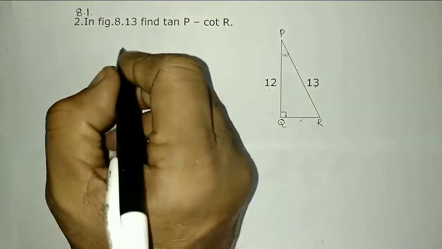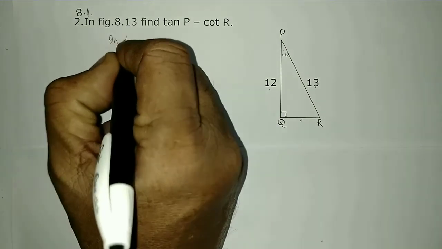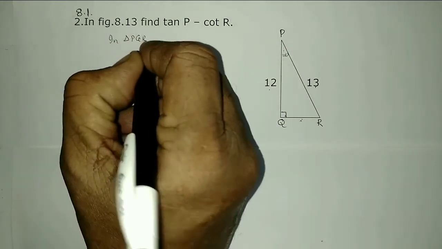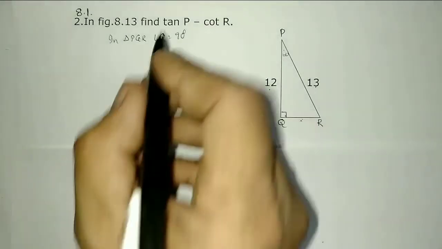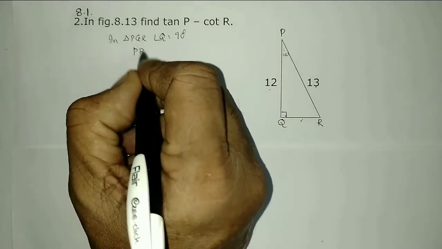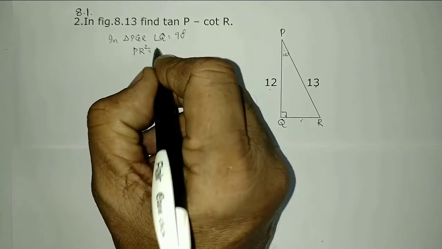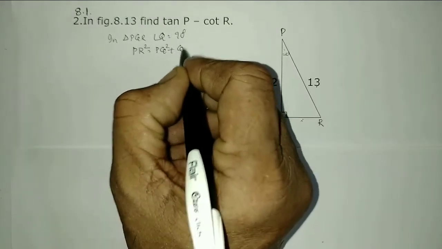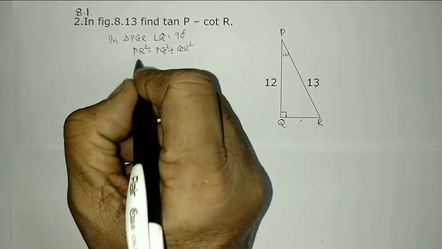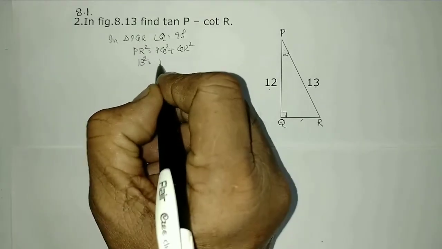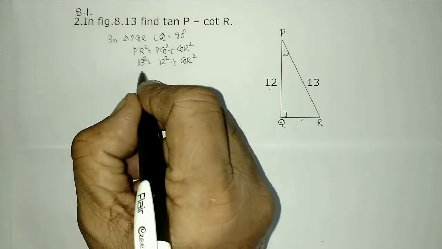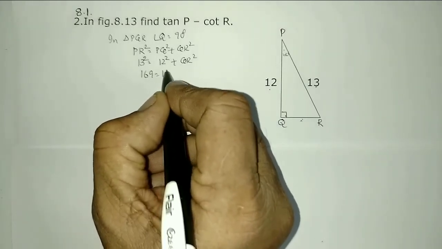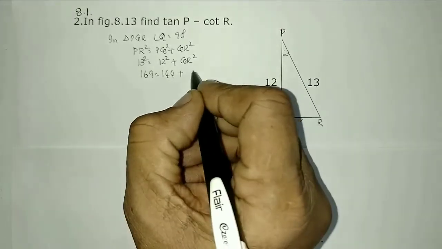So in triangle PQR, angle Q equal to 90. So by Pythagoras theorem we get PR square equal to PQ square plus QR square. 13 square equal to 12 square plus QR square. 169 equal to 144 plus QR square.